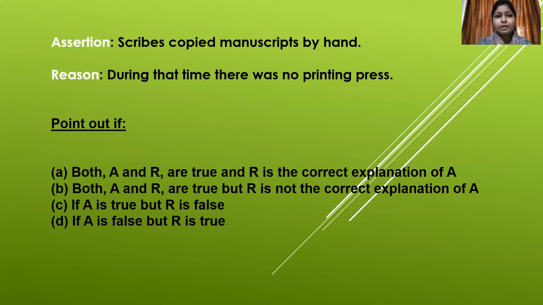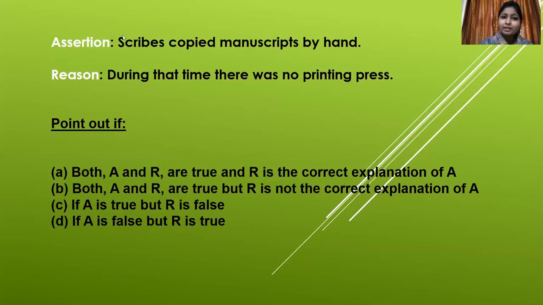Say, for example, assertion is: scribes copied manuscripts by hand. This is very true, because we have noticed in chapter one of class 7 that scribes often copied manuscripts by hand. And the reason is: during that time there was no printing press. It is very true, because since there was no printing press, the scribes used to copy the manuscripts by hand.